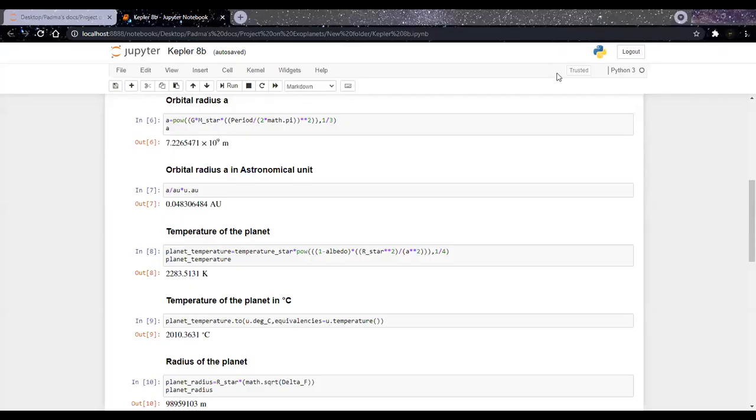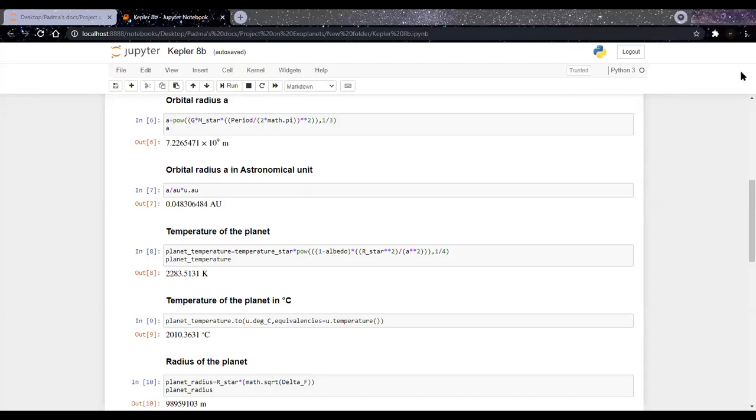For example, to determine the orbital radius A of the exoplanet around the star, we simply plug in the value of A, which is A equals (GM_star P² / 4π²)^(1/3), into the Python notebook.